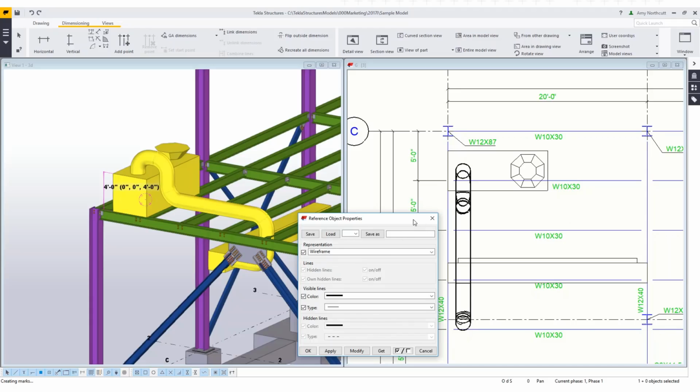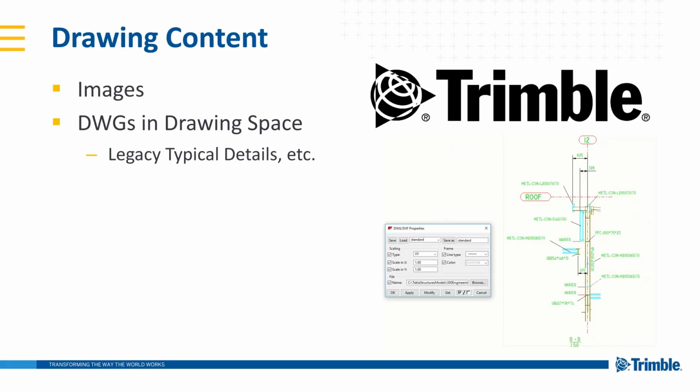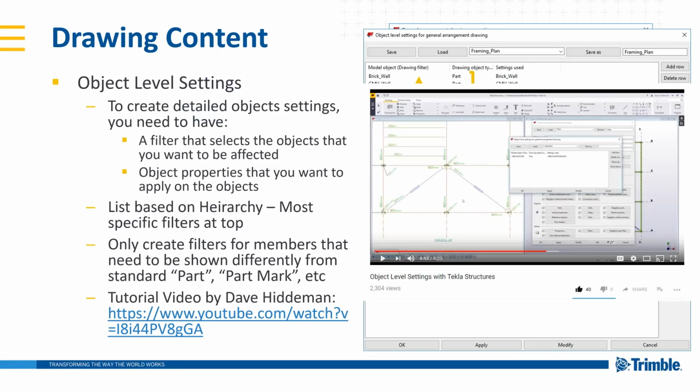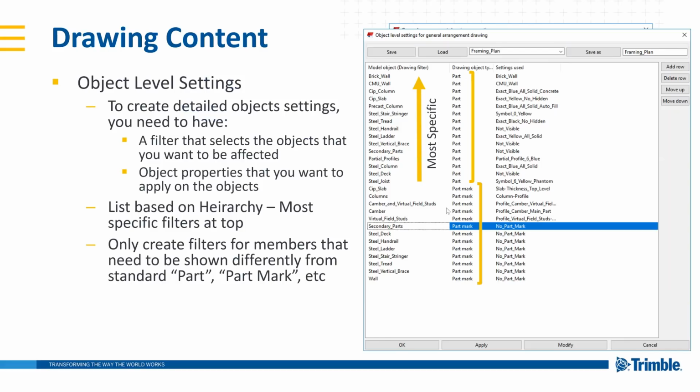But for IFC files, I did want to note that you can also include IFC files in object level settings. If I scooch back a couple of slides here, one of these object filters can include different elements in my object level settings.